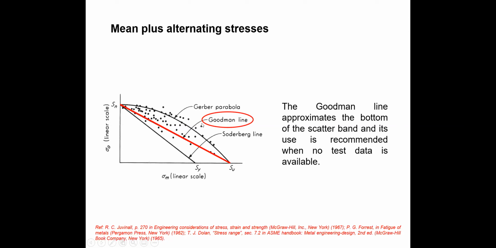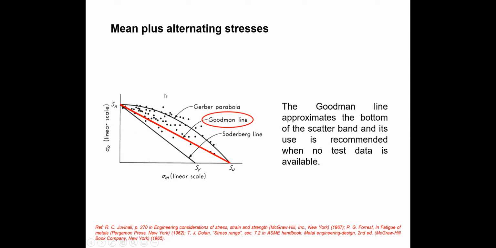So with this diagram, you can predict whether that material has an infinite fatigue lifetime or not. And you can find the factor of safety as well. If you have the sigma M value and sigma A, you can get the factor of safety, the ratio between these two. If the operating stress values are inside this triangle, bounded by this line and these two axes, that material will be safe.